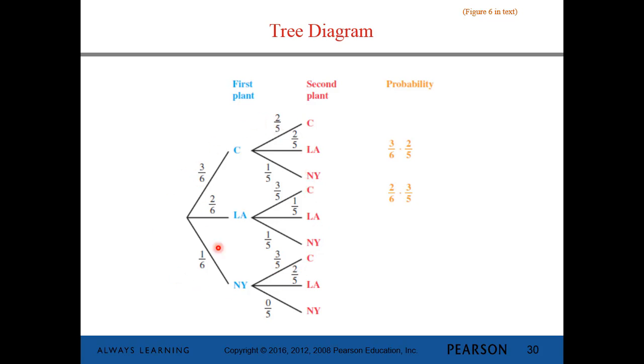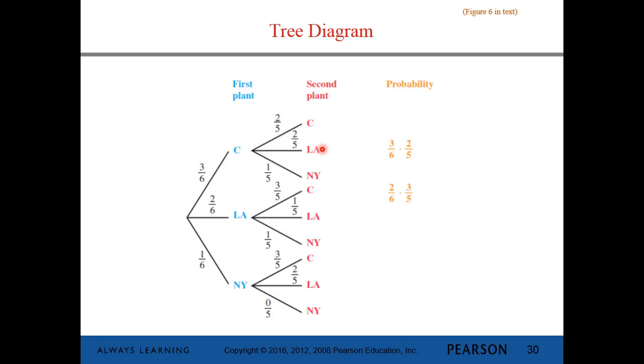And so if we wanted to know what is the probability that one plant is chosen from Chicago and one plant is chosen from LA, well, LA could be the first one, and Chicago could be the second one, or Chicago could be the first one, and LA could be the second one.